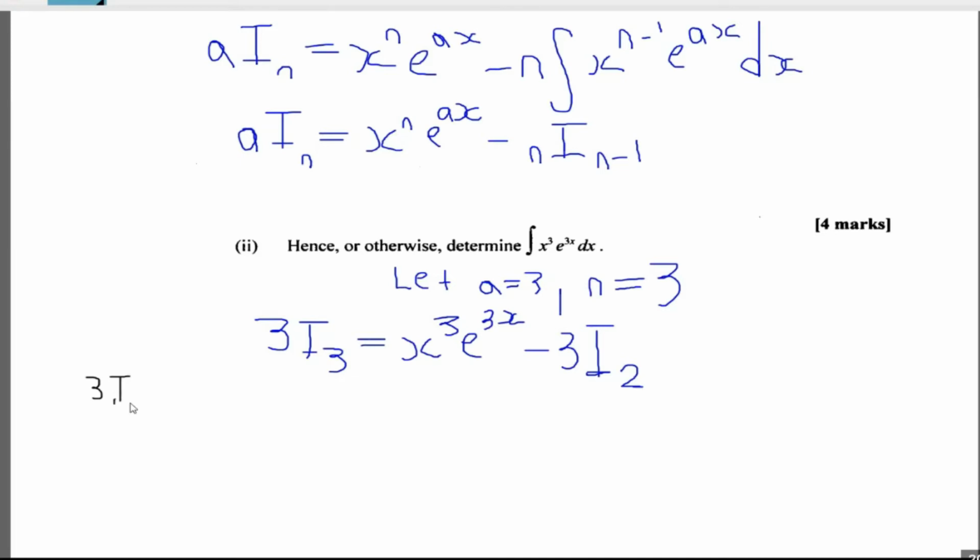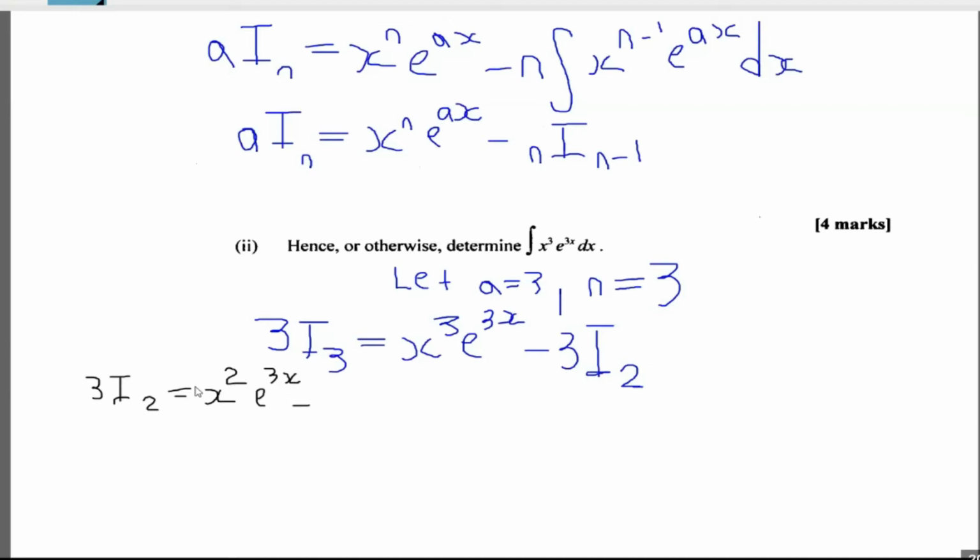is going to be equal to, because remember a is still 3, so 3I2 is going to be equal to, now in this case n is 2 and a is 3, so it's x squared e to the 3x, minus.